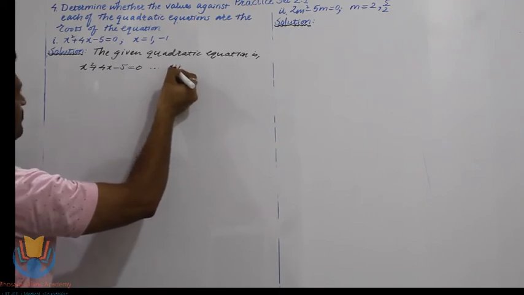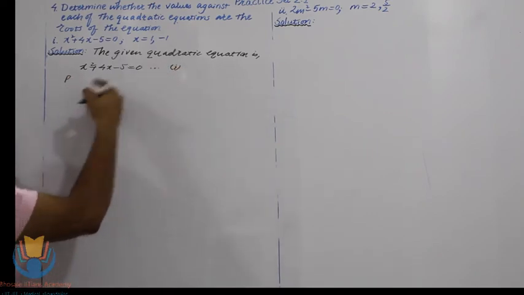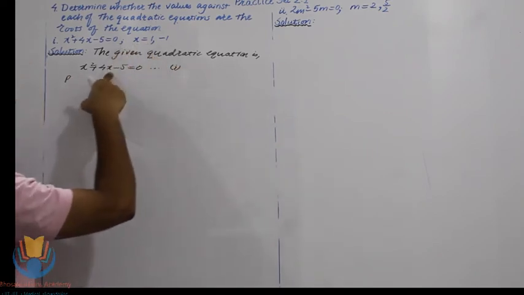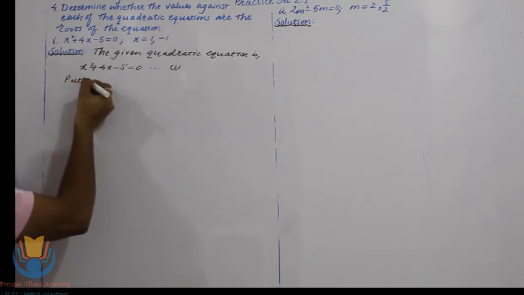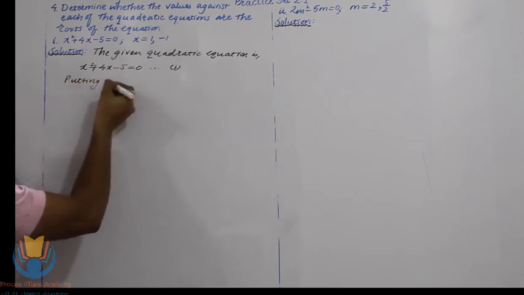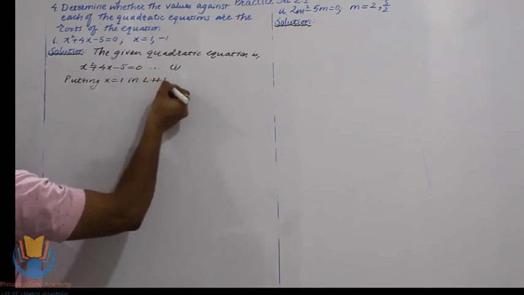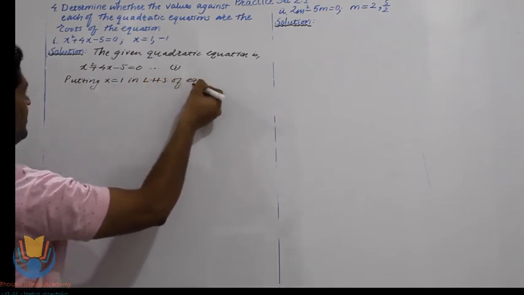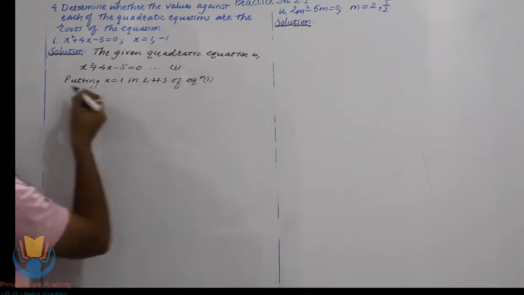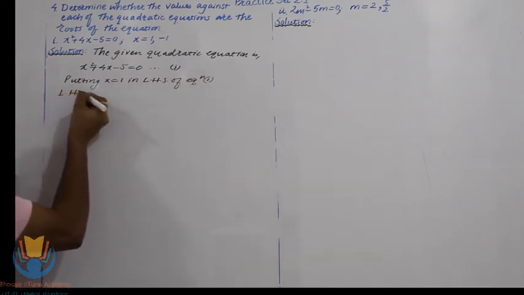Let this be equation number first. So now we will substitute x is equal to 1 in LHS of this equation. So here we will write putting x is equal to 1 in left hand side of equation first. So here we will write only left hand side.